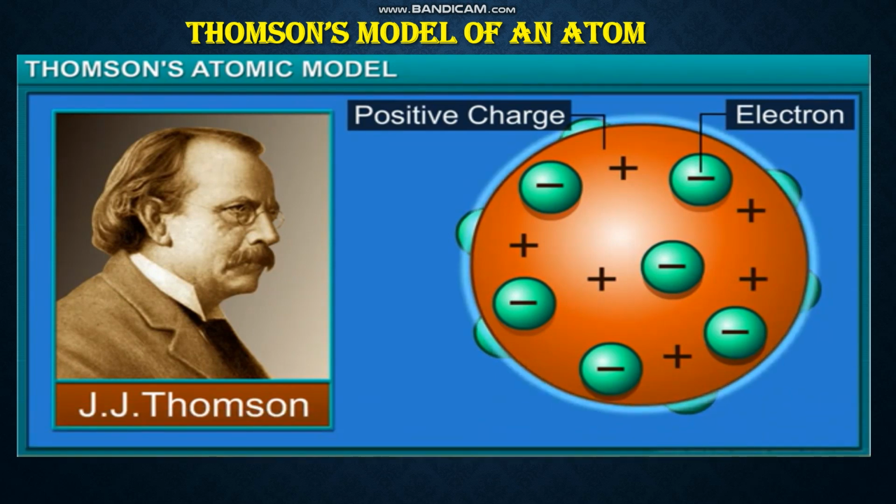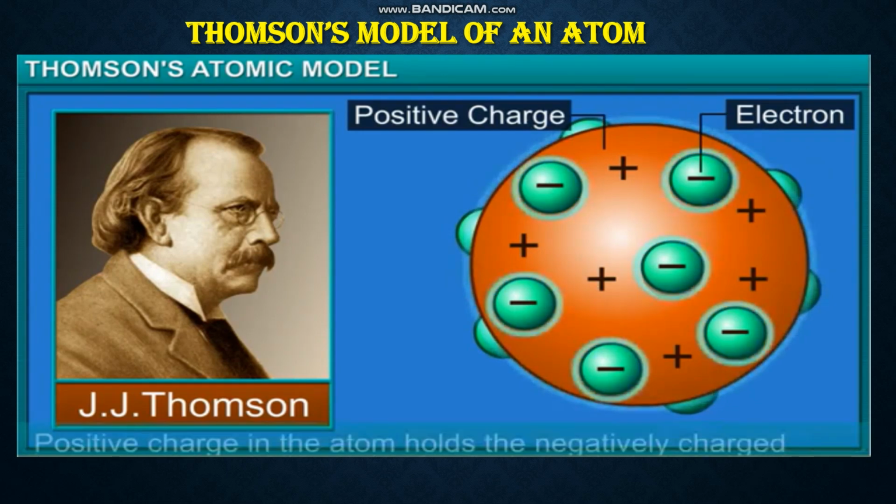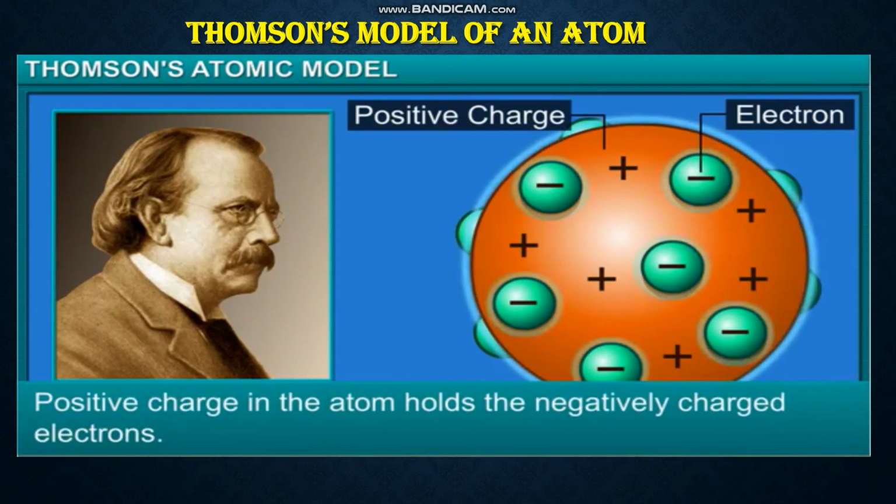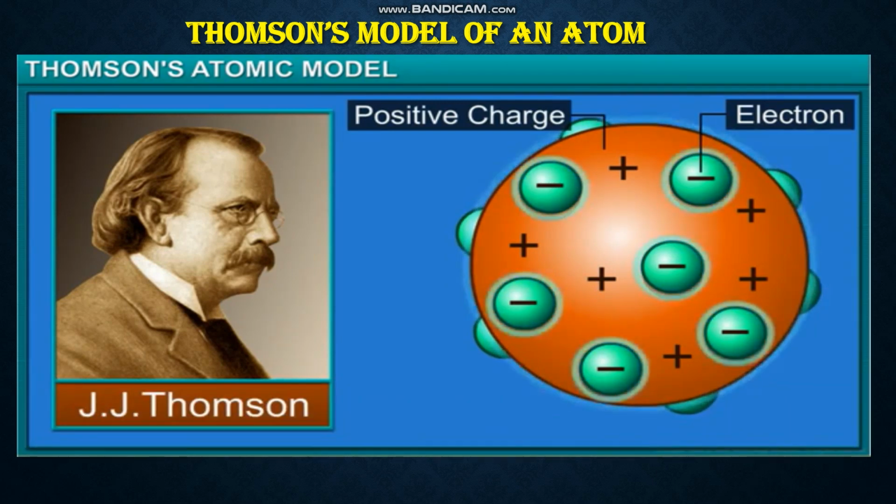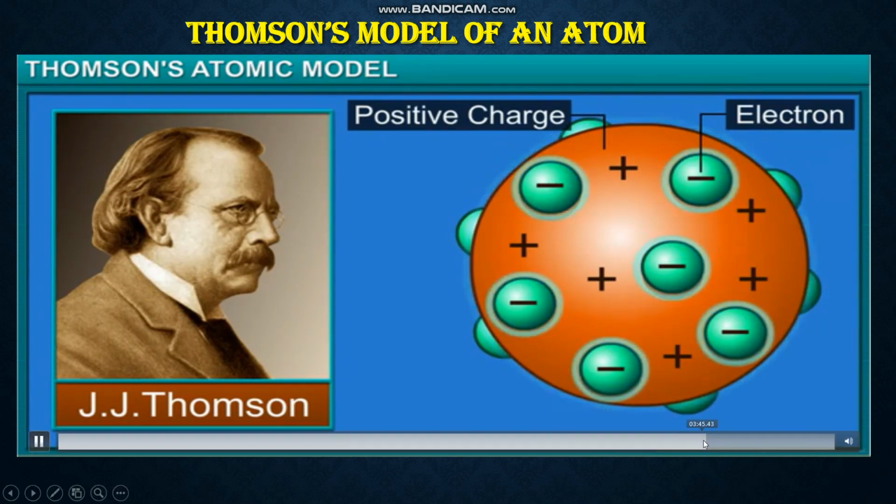Thomson asserted that the positive charge spread through the atom held the negatively charged electrons due to electrical forces. This assertion failed to explain many experimental observations.